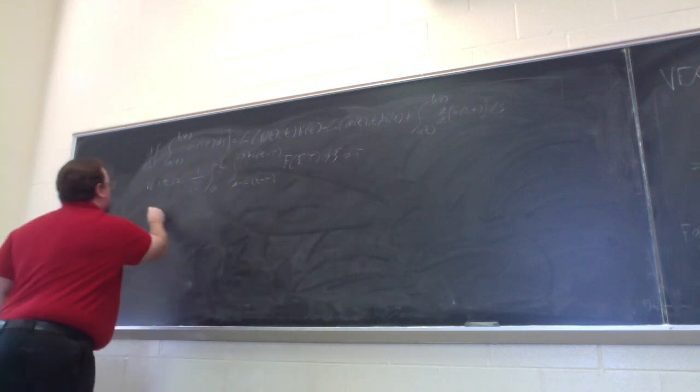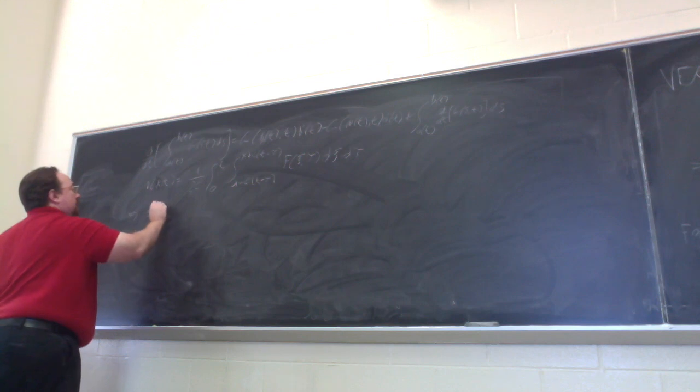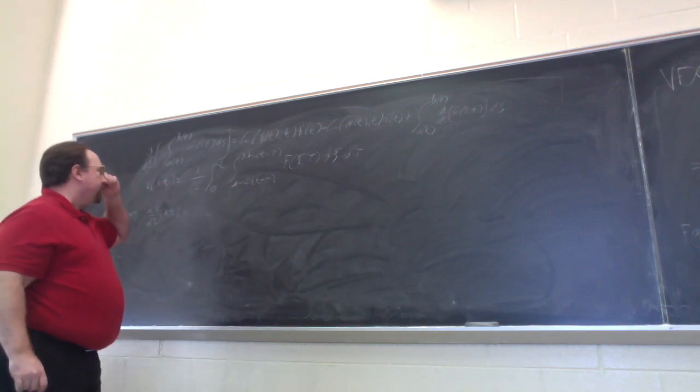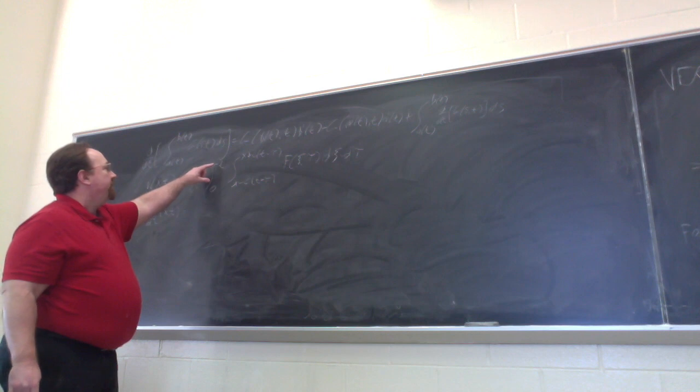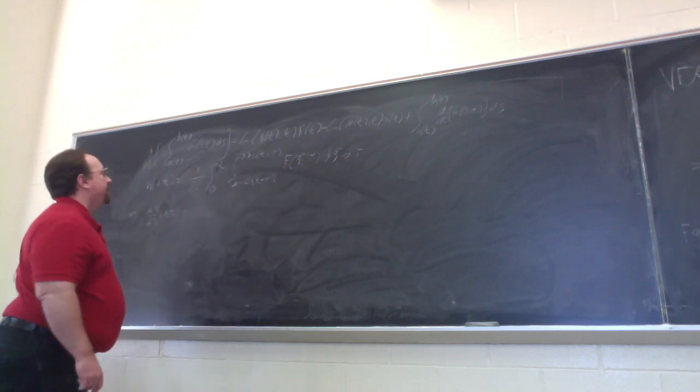So the derivative of v with respect to t, in applying this, the first thing we're going to do is take the limits, these limits, and substitute them into the integrand.